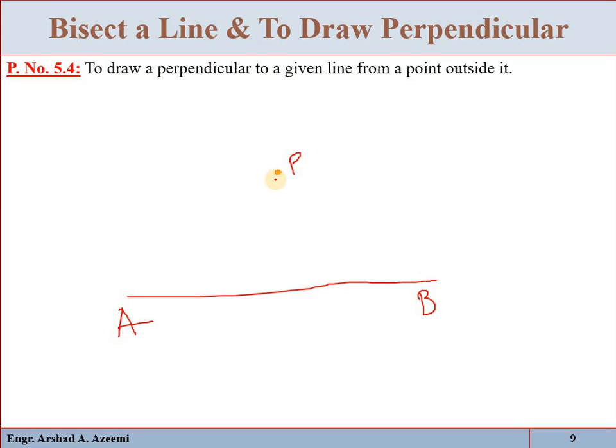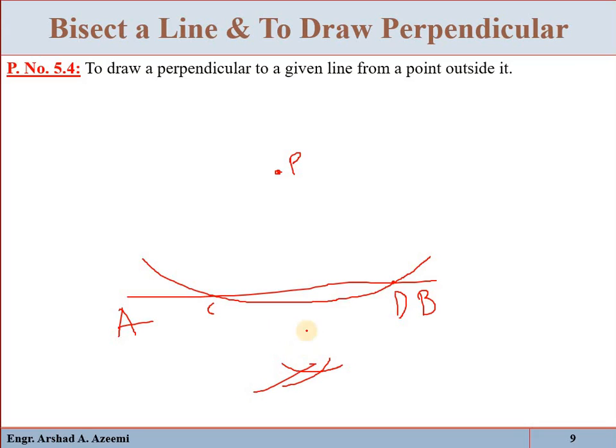The procedure is: with center P and any radius, draw an arc which will intersect AB at two points C and D. Now with any radius greater than half of CD, from center D mark an arc, and with center C mark an arc.